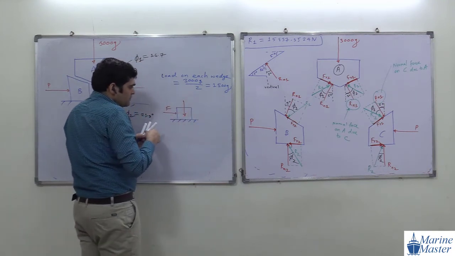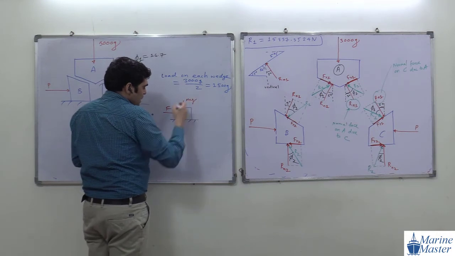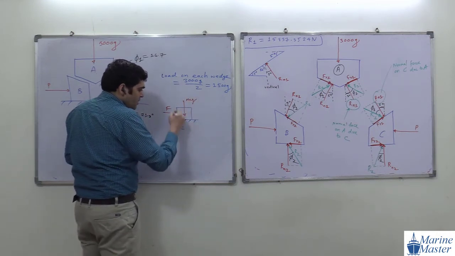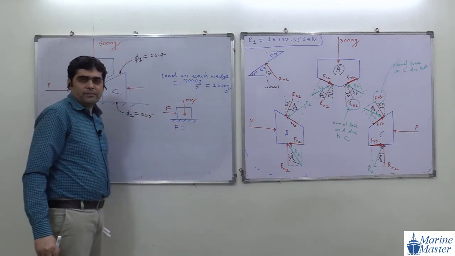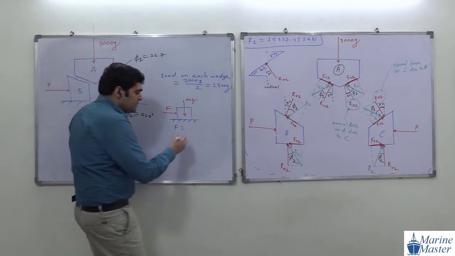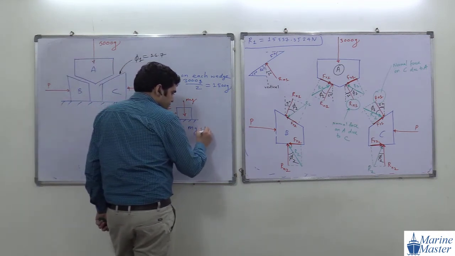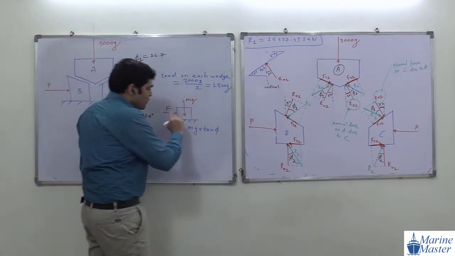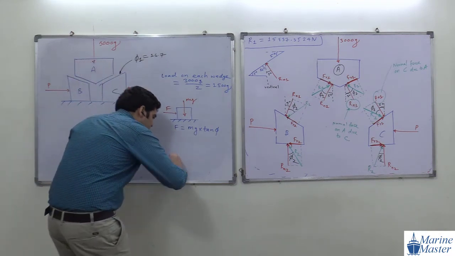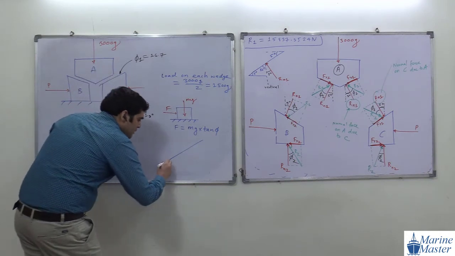What will be the value of F in this scenario? We have seen the relation: mg into tan phi. For this scenario, F will be equal to mg into tan phi.